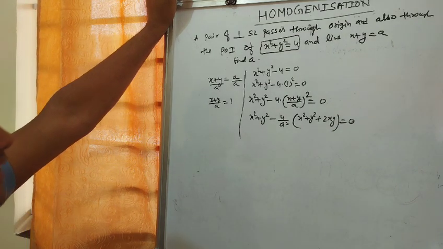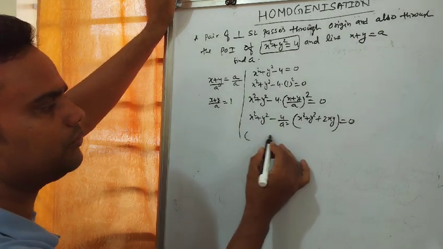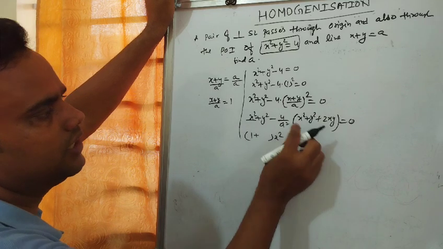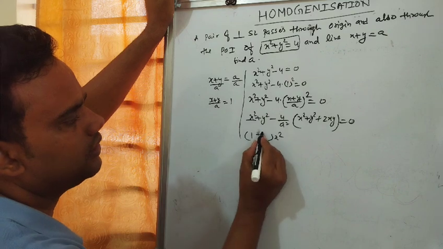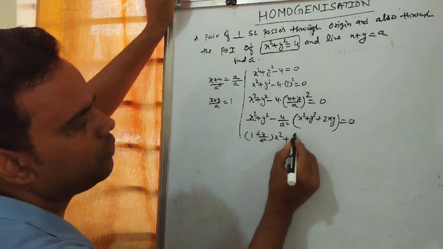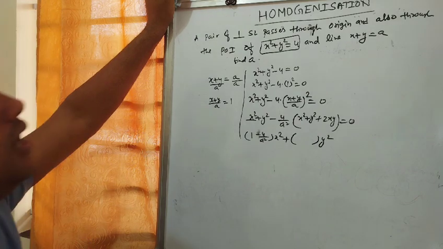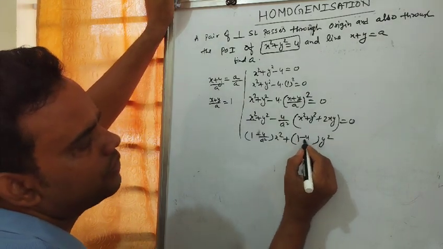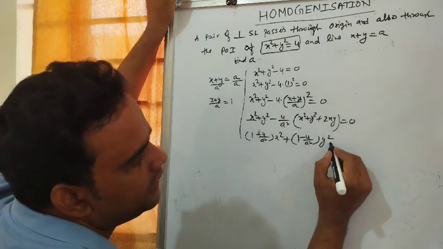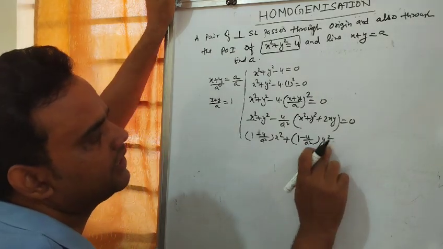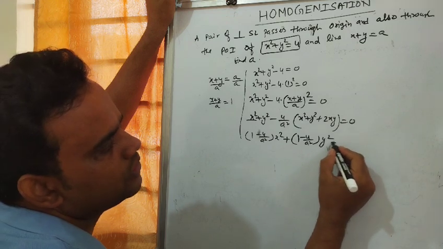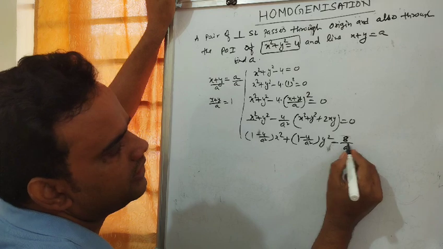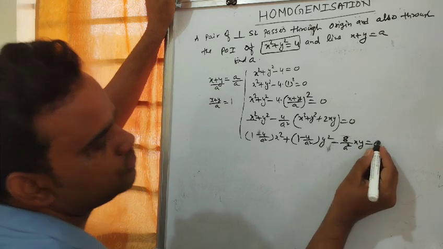Now we take it common. First we find the x square coefficient: 1 minus 4 by a square. Similarly the y square coefficient is 1 minus 4 by a square. And the xy coefficient is minus 8 by a square, xy equals 0.